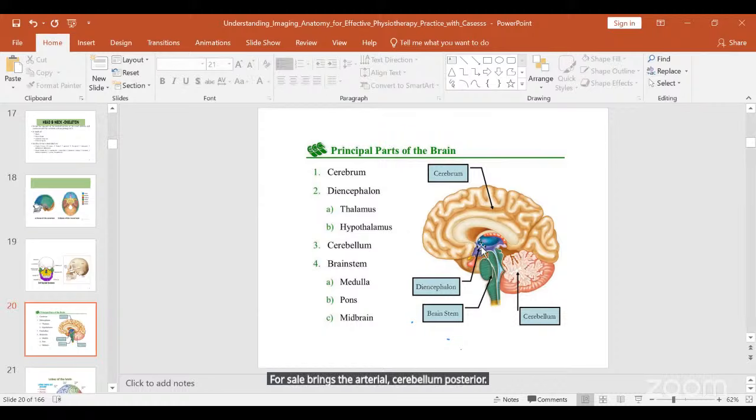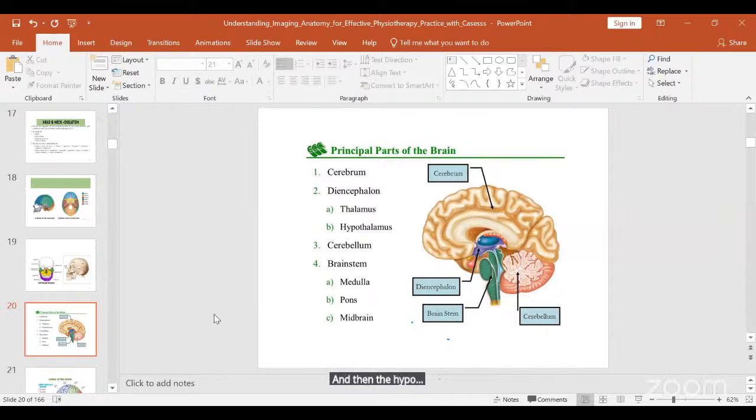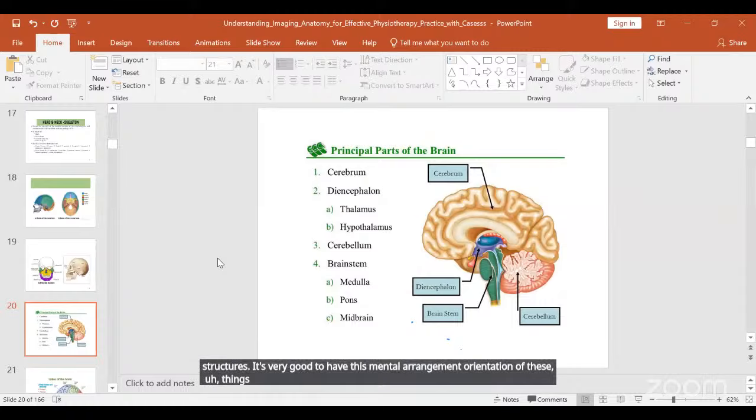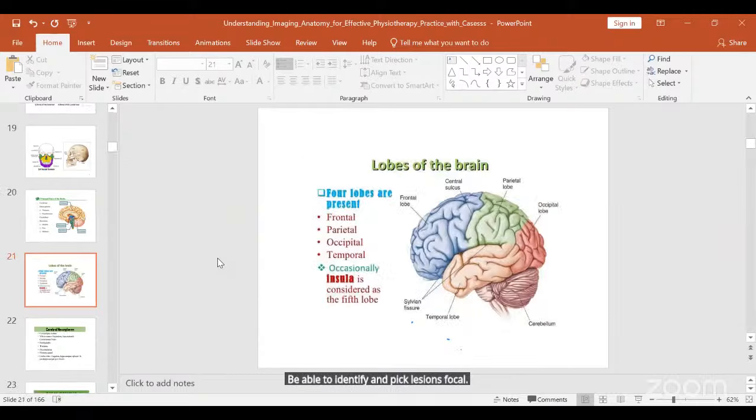Above the cerebellum, what forms the roof? It is the diencephalic structures, thalamus, and then the hypothalamus, and then the limbic system and other structures. It's very good to have this mental orientation of these things in anatomy or radiological anatomy. It guides us to be able to identify and pick lesions, focal, pinpoint with high precision.